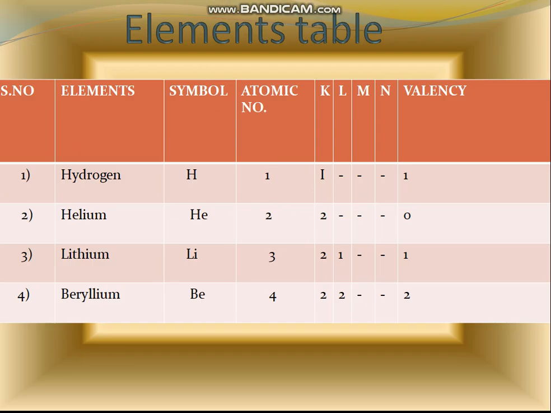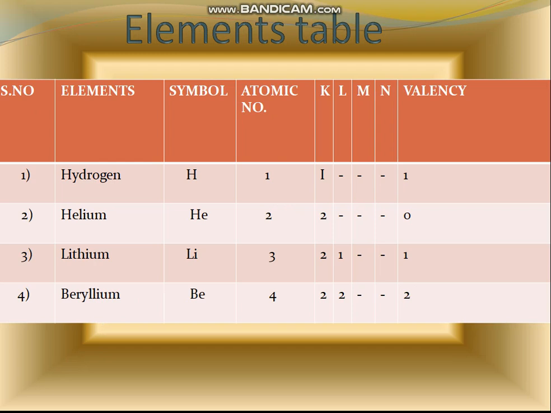Here I have taken 4 elements: hydrogen, helium, lithium, and beryllium. If you look at hydrogen, its symbol is H, atomic number is 1 and valency is 1. For helium, symbol is He, atomic number is 2 and valency is 0 because it is an inert gas.